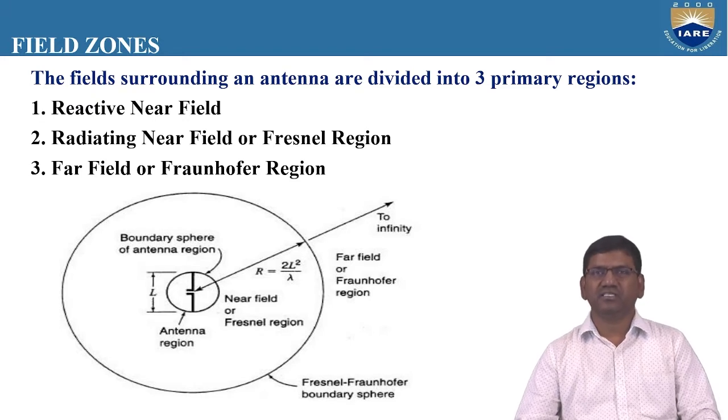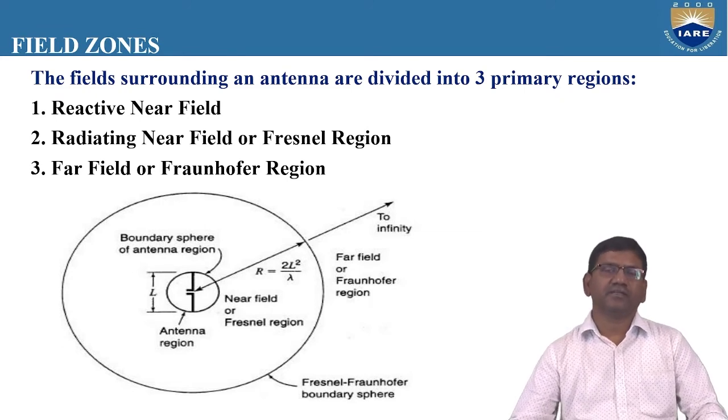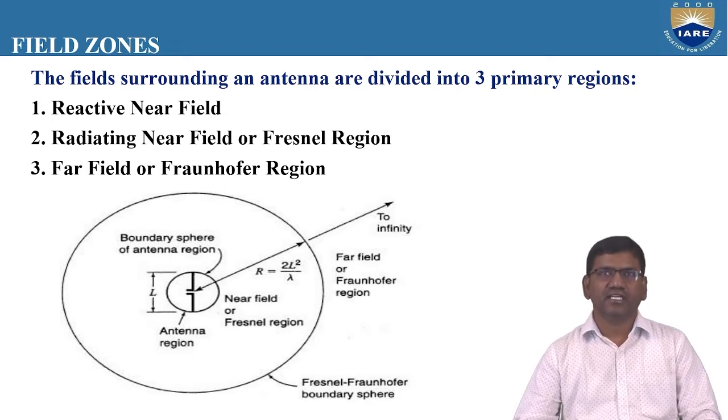So all these things are responsible for the formation of the radiation pattern with respect to the distance. Moreover, we have three types of zones around the antenna. The first one is reactive near field. The second one is radiative near field. And the third one is far field or Fraunhofer region.